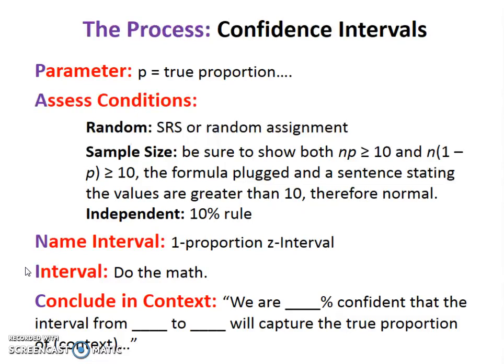It's called PANIC, but I don't want you to panic, but I want you to do PANIC. So in your state, you describe the parameter. In your plan, you assess the conditions and you name the interval that you're doing. In the do, you actually calculate the interval. And then for conclude, you are concluding in context.